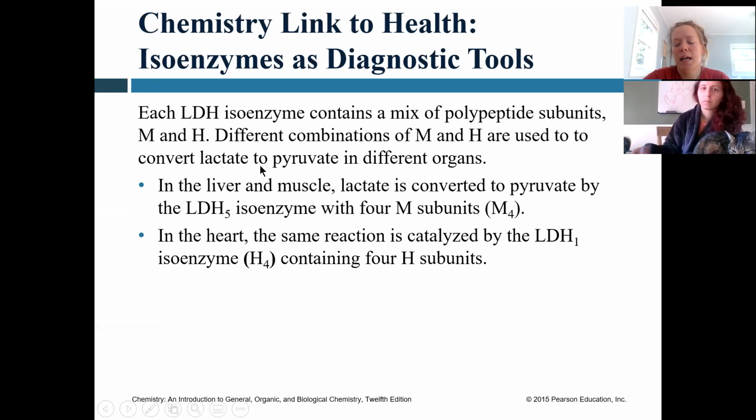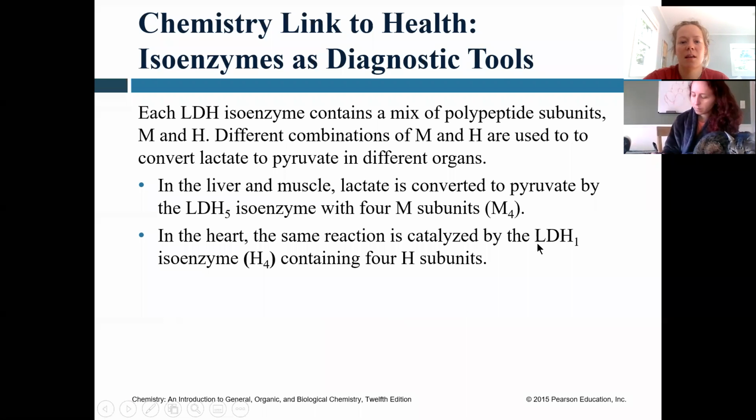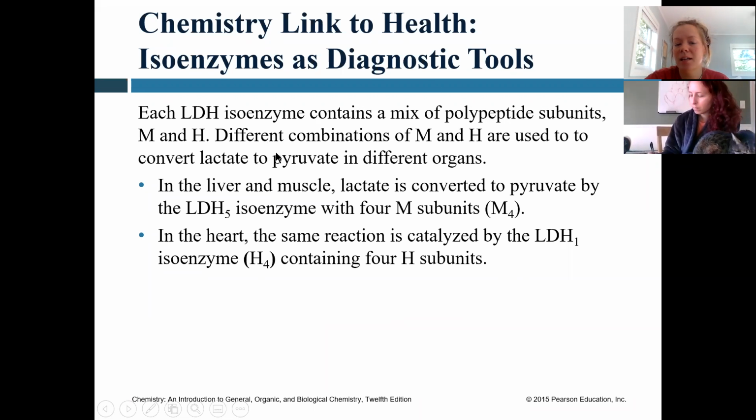Each of the LDHs, this lactate dehydrogenase enzyme, contains a mix of polypeptide subunits, M and H. Different combinations of M and H are used to convert lactate into the product in different organs. In the liver, muscle, lactate is converted.